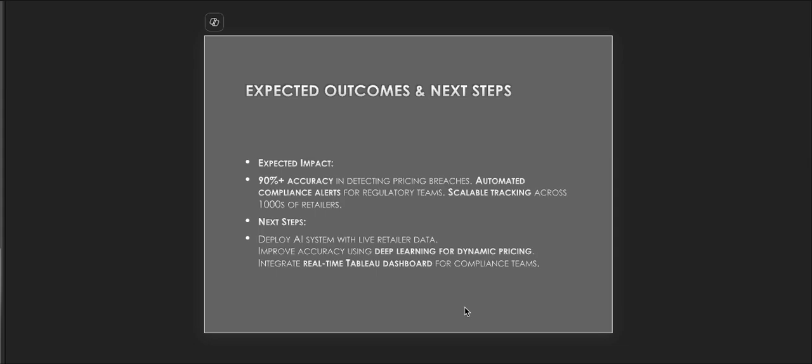So the expected outcomes and next steps. If this was for the government, with 90% accuracy in detecting price breaches and automated compliance alerts, they would be able to all of a sudden, after this is working, send out notifications to a lot of retailers and tell them to get in line, and that there is a stronger compliance verification.